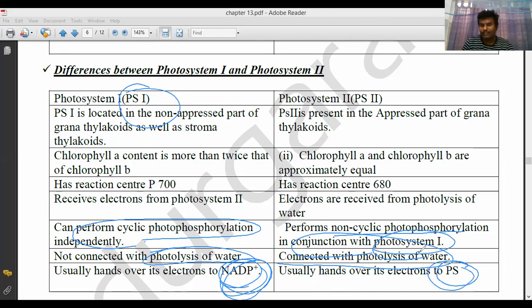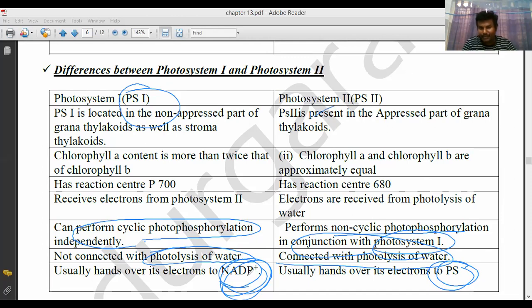Whatever the case, photosystem 2 receives electrons and transfers them to photosystem 1. From photosystem 1, they go to FRS, then to ferredoxin, then to the NADP ion.